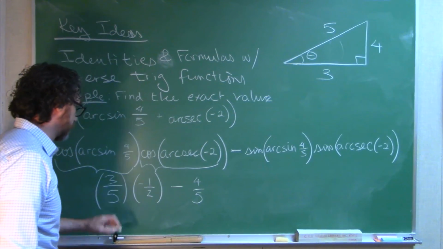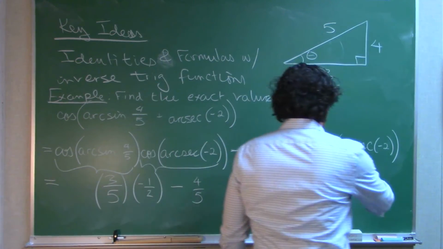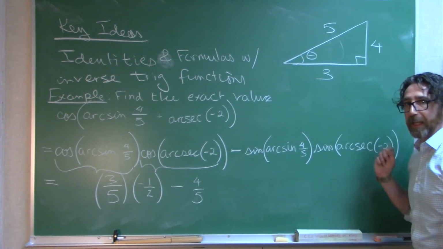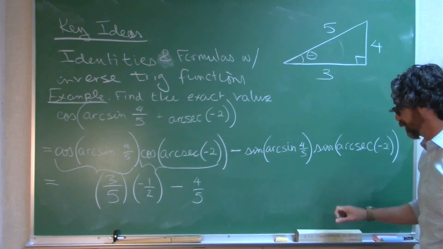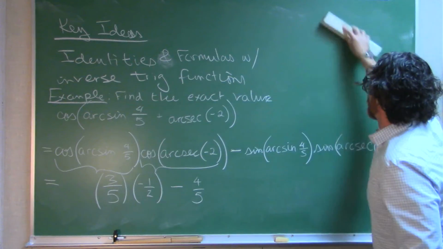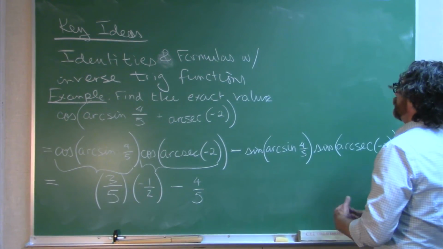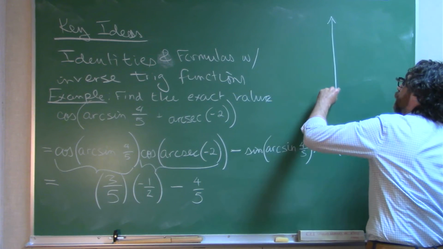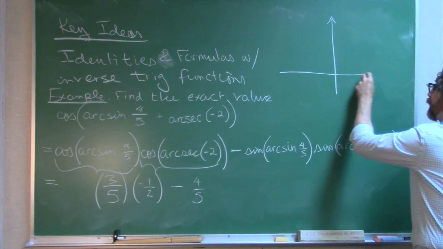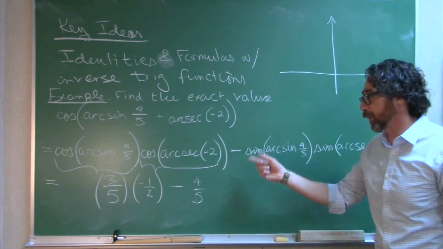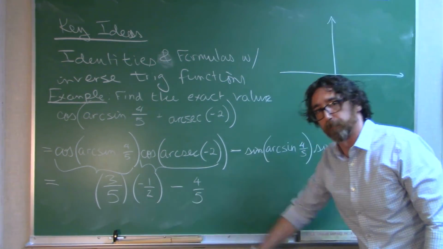Okay? And now I got to work on this. I know the arc secant is -2. Okay, so arc secant -2. That must mean I have a cosine equal to -1/2, as we saw right here.